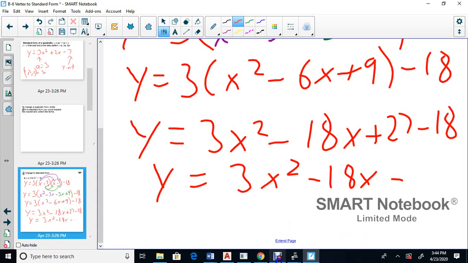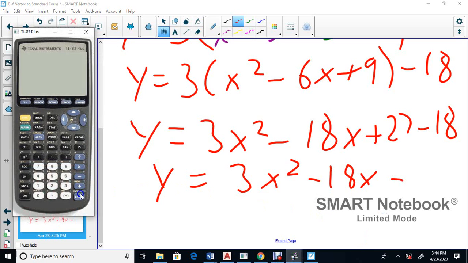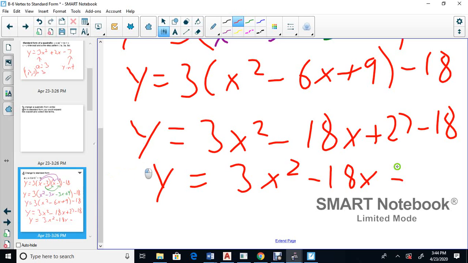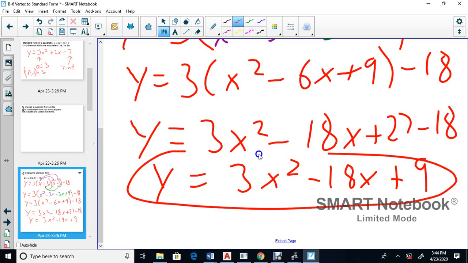I'll go to my calculator over here, because I could make a mistake. 27 minus 18 is 9. So plus 9. And that's our final form. That's in the standard form.